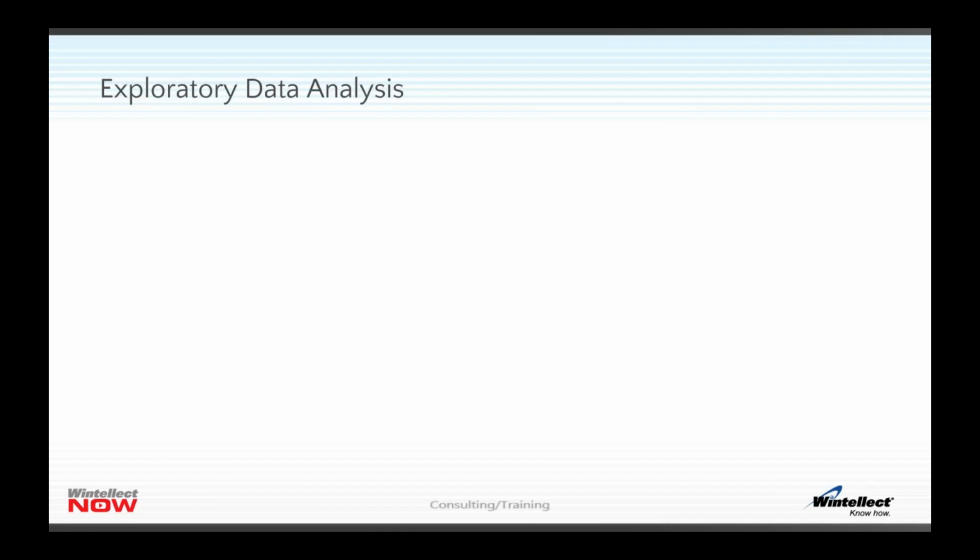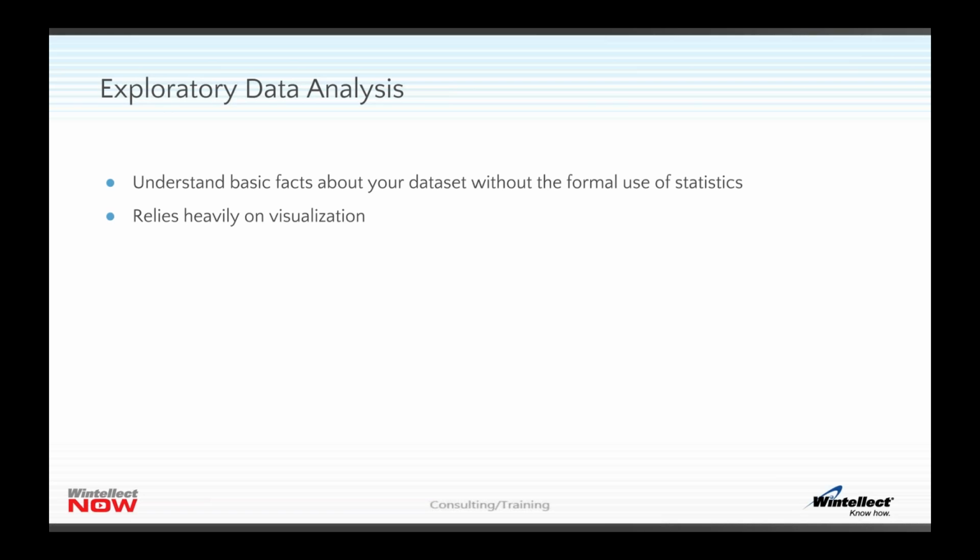All right, so once we've looked at the data, then we're ready to begin exploratory data analysis, which is essentially just an approach that you can use to try to understand basic information about your data set without the formal use of statistics. So it relies heavily on visualization.